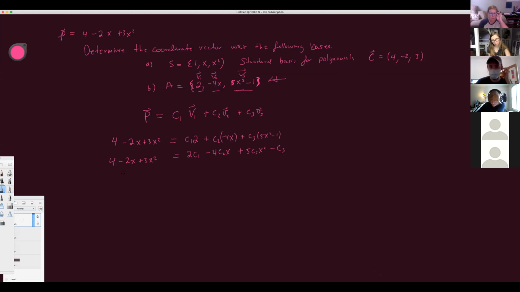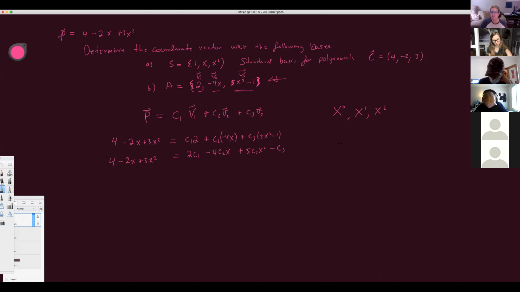Okay, so now this equation is really 3 equations, because every coefficient of an exponent of x is independent. There's x to the 0, coefficients of x to the 1, and coefficients of x squared in this, right?